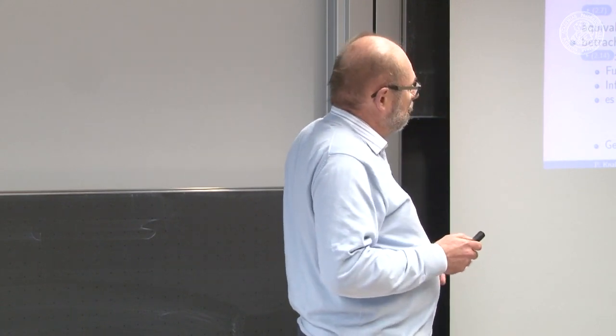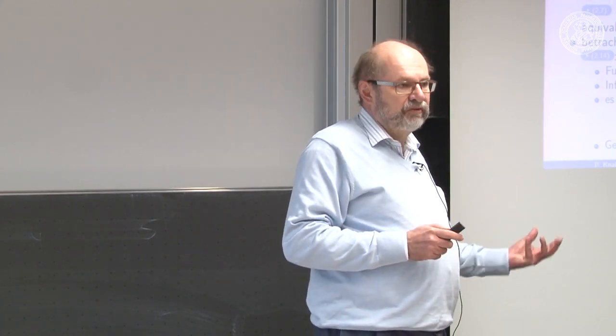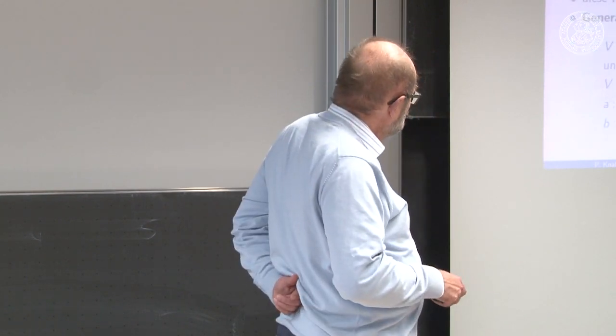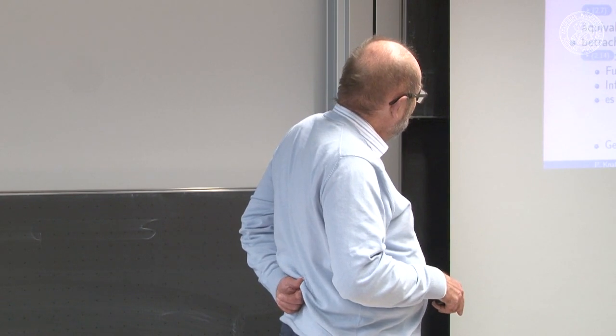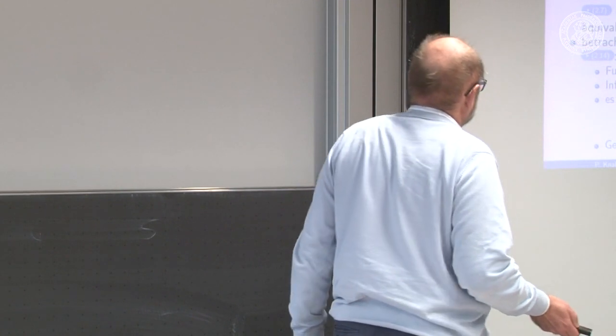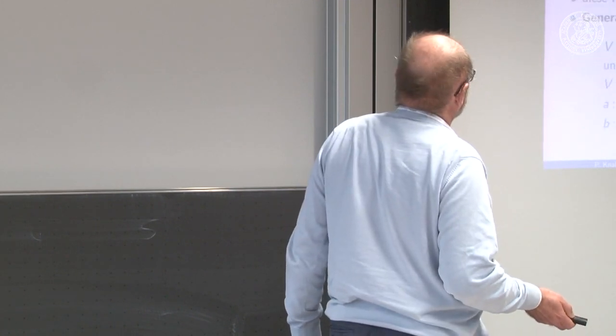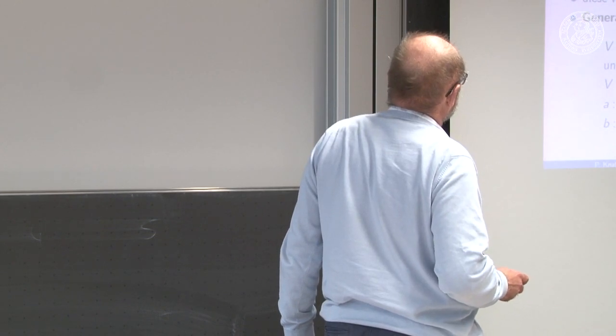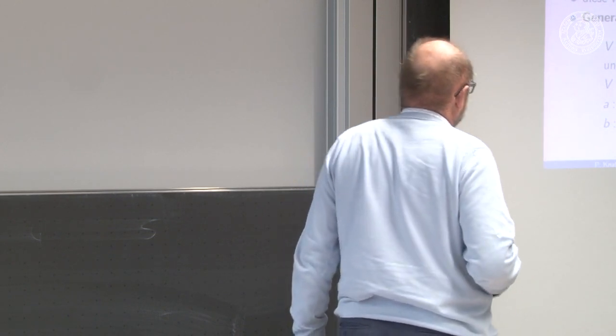If the v_n converges to v, then also the f of v_n converges to f of v. But they also converge to the infimum. That means we have found an element of the space which attains the infimum. This is then the existence proof coarsely sketched. So the continuity is a very important thing to know.